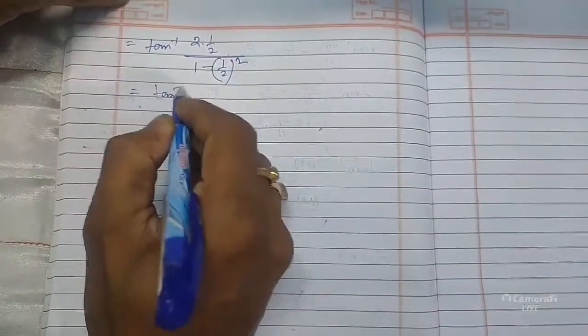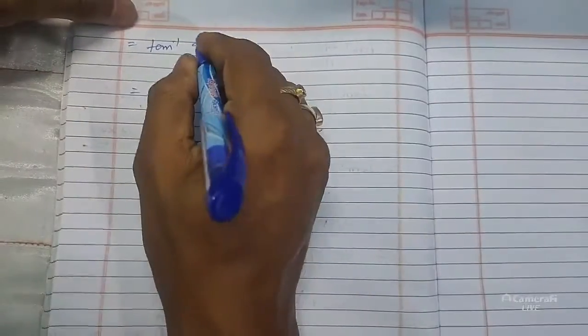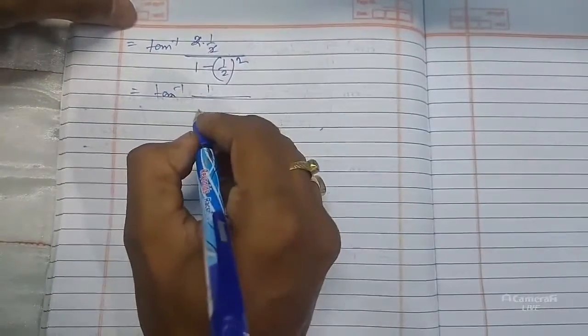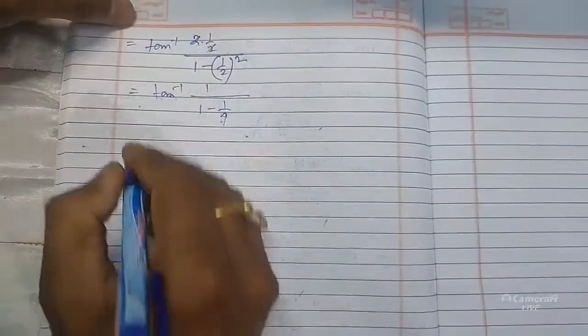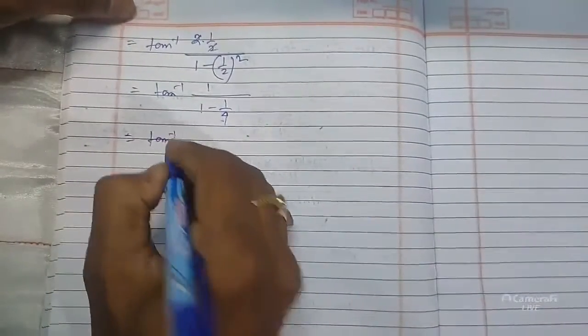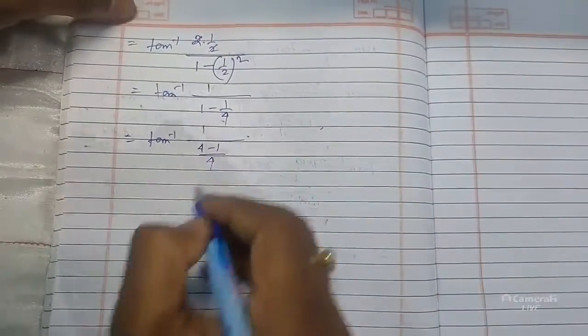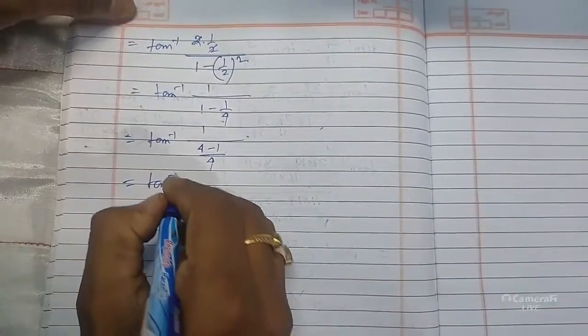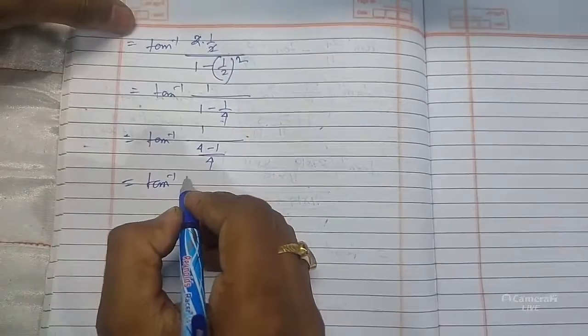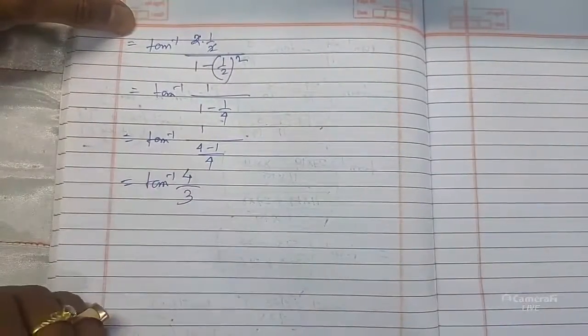That is tan inverse, here 2 cancels, 1 minus 1 by 4. That is tan inverse 1 by 4 minus 1 by 4. That is tan inverse 4 by 3. And this is given in the RHS.